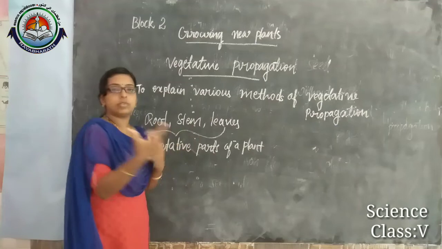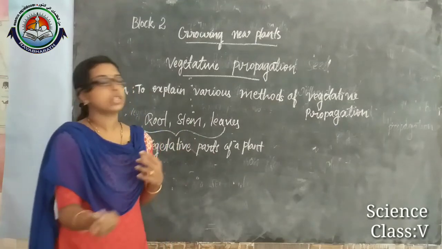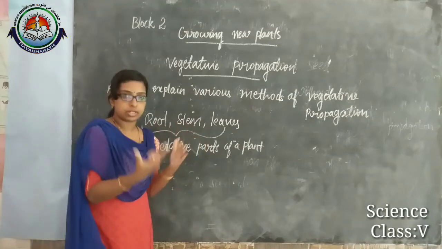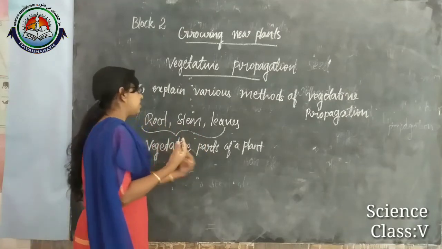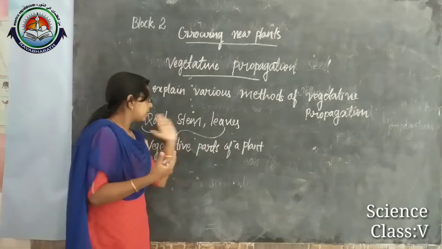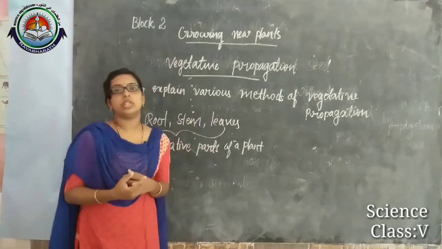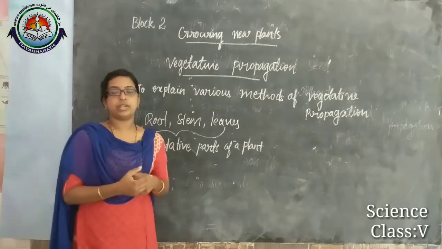And in the stem, in the case of potato, we already discussed that there are buds or eyes. Mainly these parts, root, stem and leaves, are considered the vegetative parts of a plant.